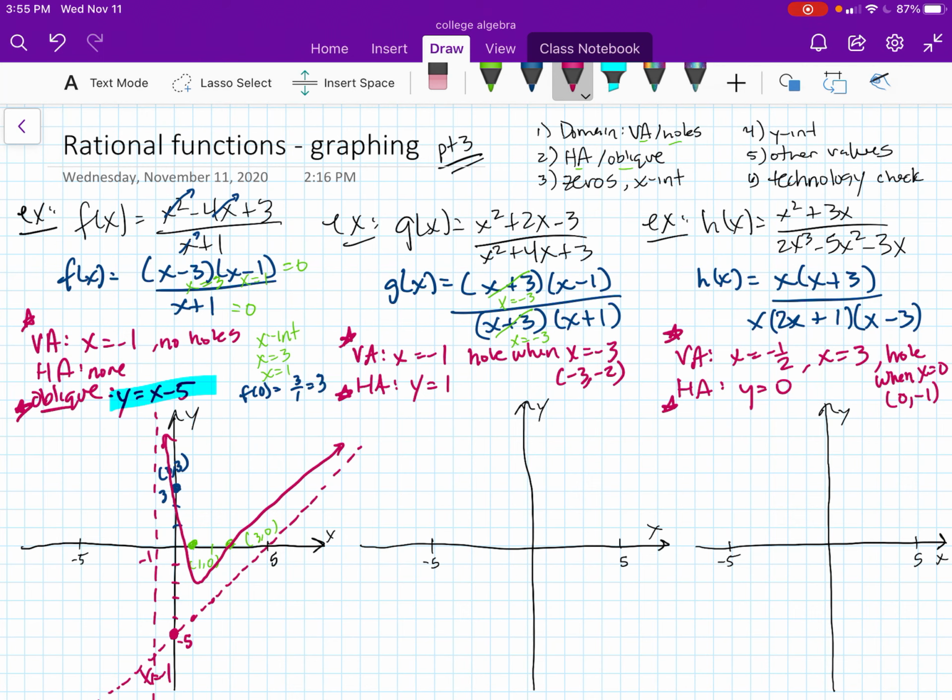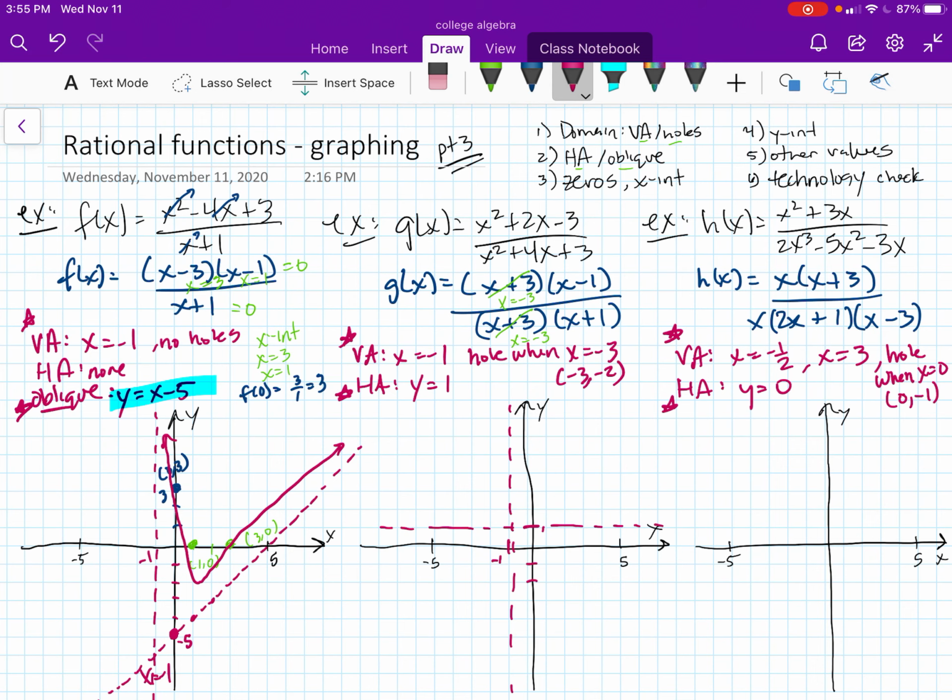Vertical asymptote, x equals -1. Horizontal asymptote, y equals 1. There is a hole when x equals -3, and in fact, we found the value. It was -3, -2.